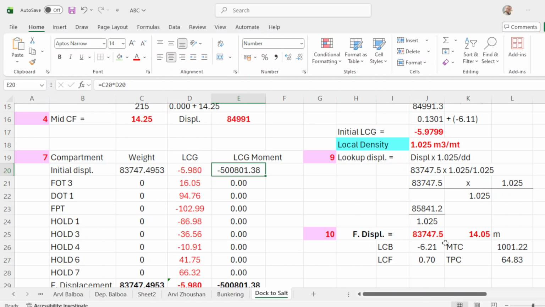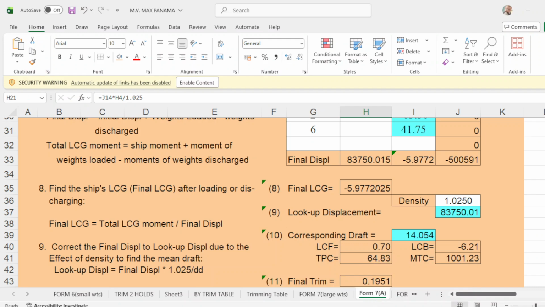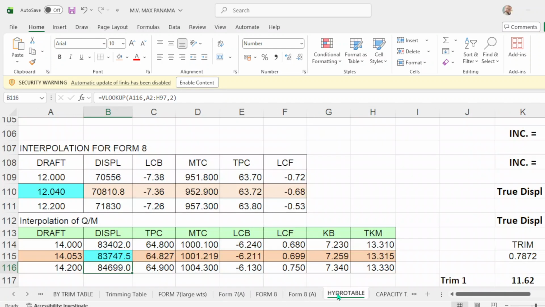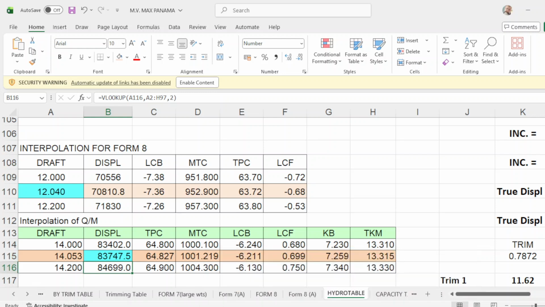So we try to put this one, 83747, go to the hydrostatic table, 83747. This one, 83747.5.